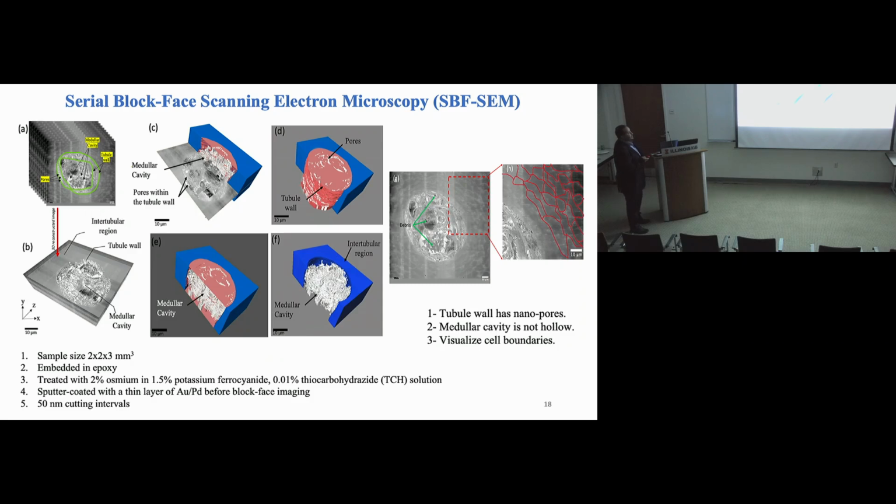If you look carefully around this part here, you'll see that in the hoof wall or in the tubule wall there is some white stuff, which means that the tubule wall itself is not solid as other people think. At the same time you cannot see it with a regular light microscope, and also you cannot see it with a regular scanning electron microscope.